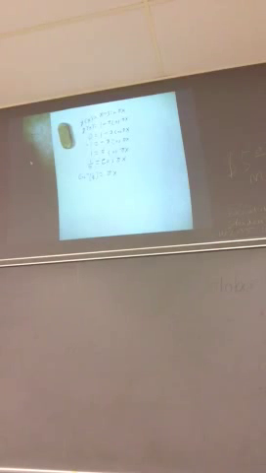That's where we're going to have to go to our calculator. Make sure you're in radian mode. So we're going to go second cosine of 1 over pi.